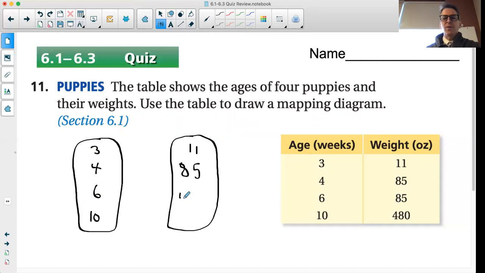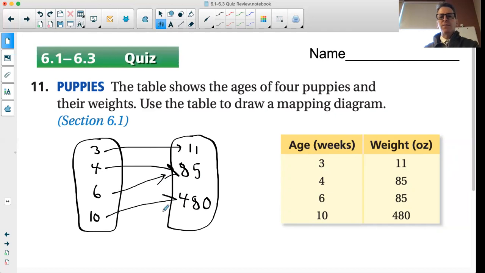You don't need to do that with mapping diagrams. All you have to do is show it once. So then map them over, 3 to 11. Okay, you got to put your arrows. 4 to 85. 6 to 85. And 10 to 480. 480 ounces, and that would be number 11.